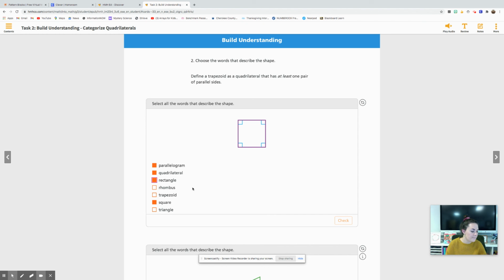A rhombus is a shape that has all equal side lengths and 4 of those sides, and they're parallel. So that's true. And then a trapezoid is a quadrilateral that has just one pair of parallel sides. So I wouldn't say this is a trapezoid here, right, friends? Because there's more than one pair of parallel sides.